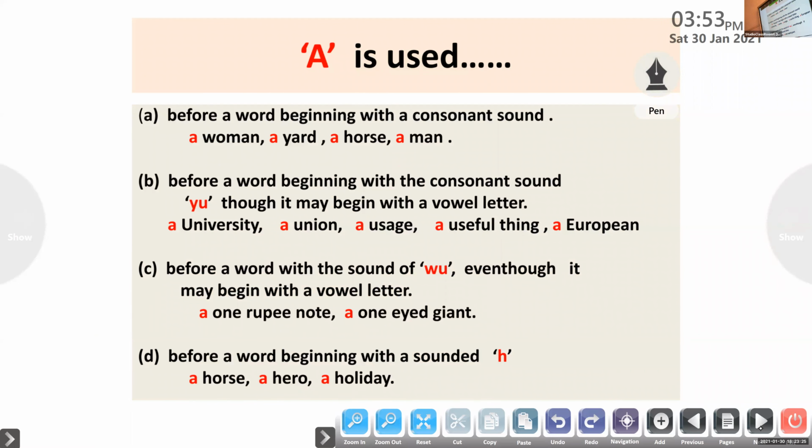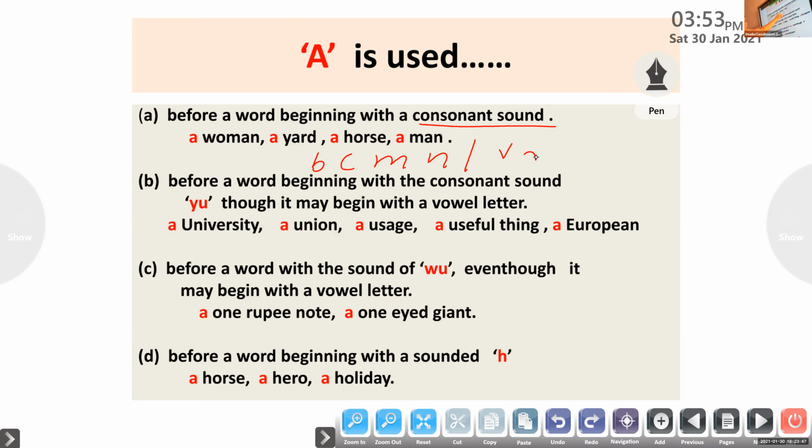The article A, I have told you, is also a weak form of one. Wherever we were using 'a one', in all those places we can use A. Before a word beginning with a consonant sound, I have told you B, K, M, N, L, V, etc. are the consonant sounds.